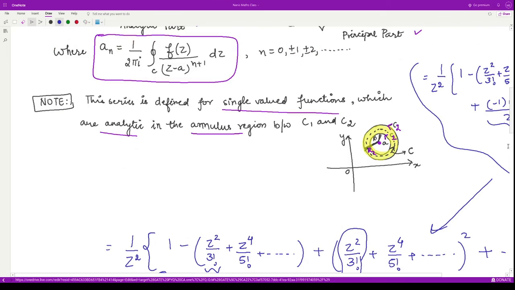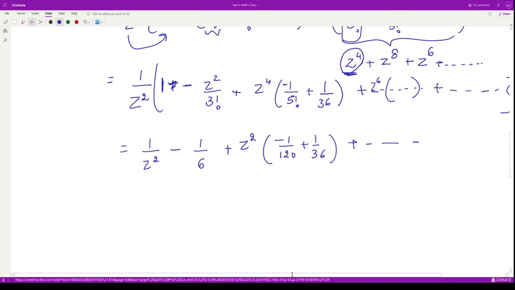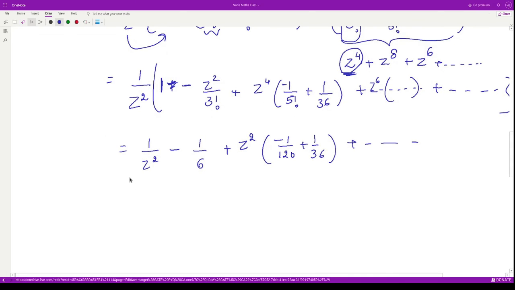So that is why I have ignored other terms. So this was the expression. When you simplify this, you will be having 1 upon z square minus 1 by 6, and while solving this, you would have something like 7 by 360 z square plus so on.